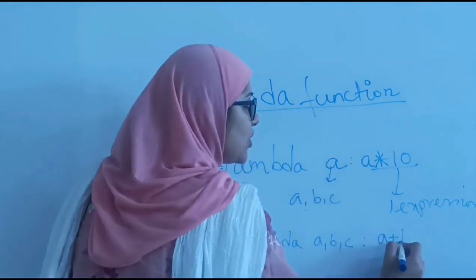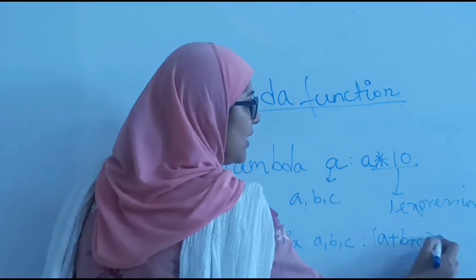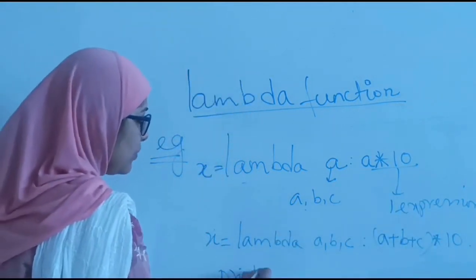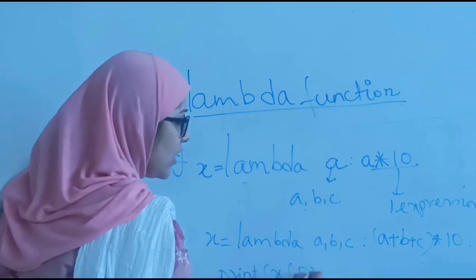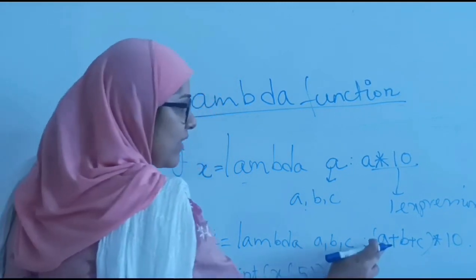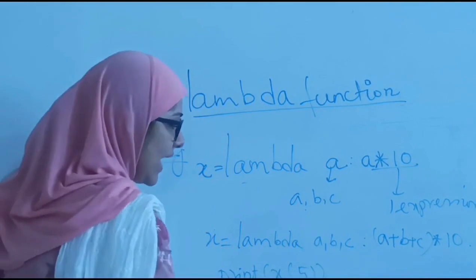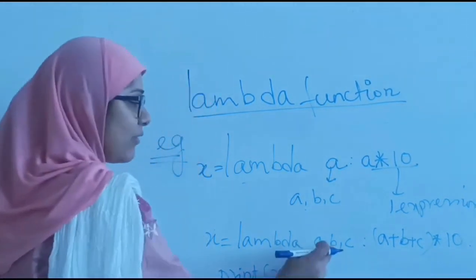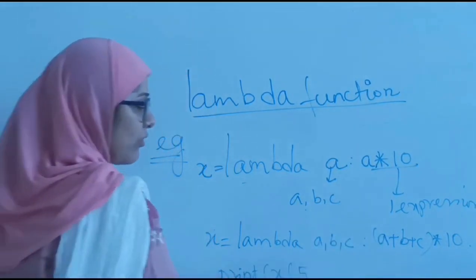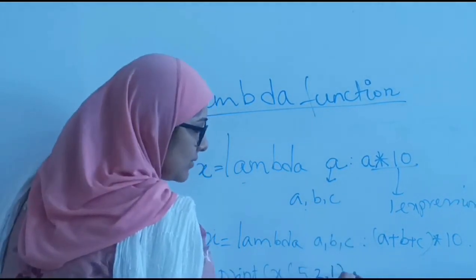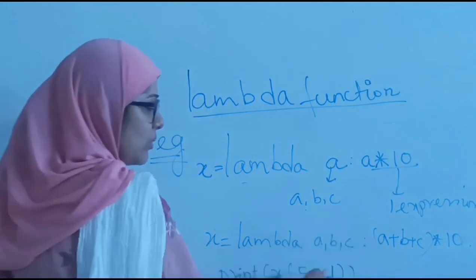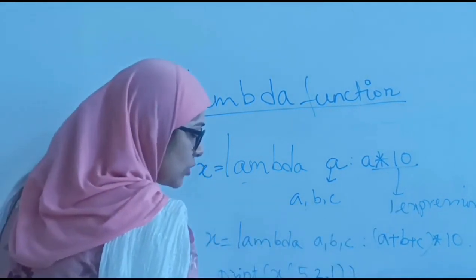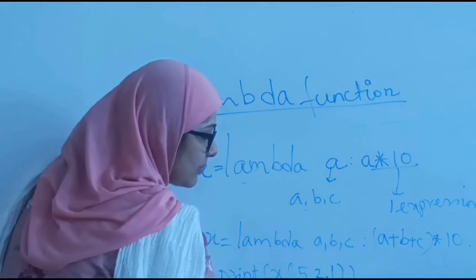So let's take the expression as a plus b plus c into 10. Similarly, if we print it, suppose print x of 5, what will be the output? We have 3 arguments, so this 5 won't work this time, we'll have to give 3 values, so 5, 2, 1. So 5 plus 2 is 7, 7 plus 1 is 8, 8 into 10 is 80. So this will be the output.